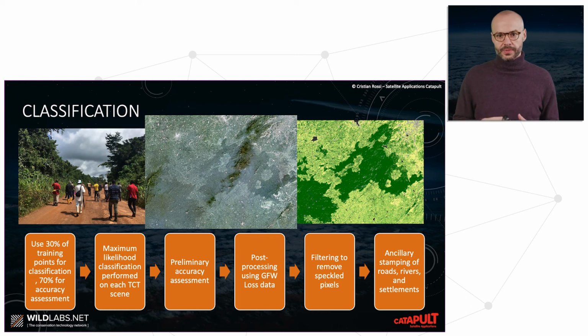This has been done alongside several other processing steps, such as filtering speckled pixels, and adding on top additional information such as roads, rivers, and so on.